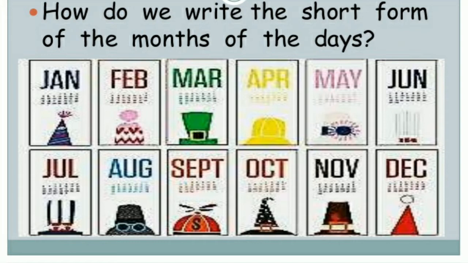Here we can see the short forms: Jan, Feb, Mar, Apr, May, June, Jul, Aug, Sept, Oct, Nov, and Dec. These are the short names of the months.